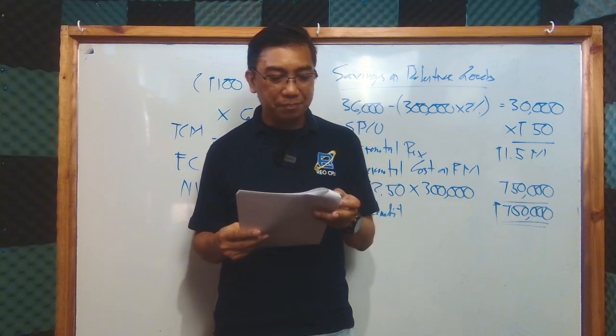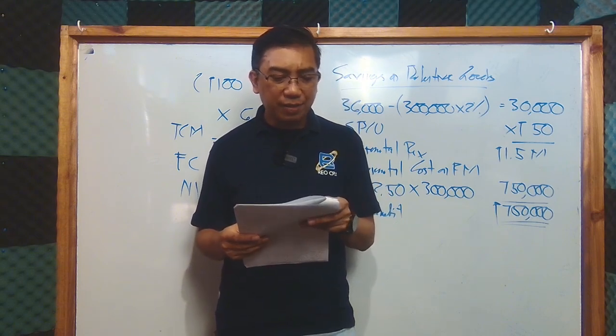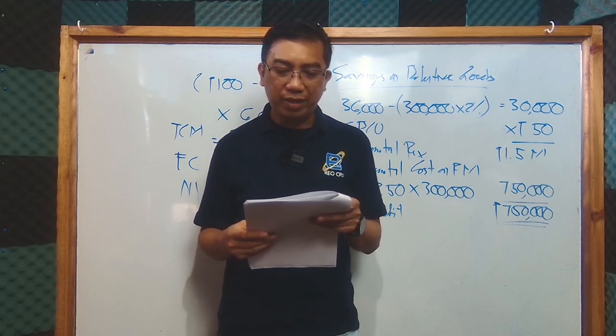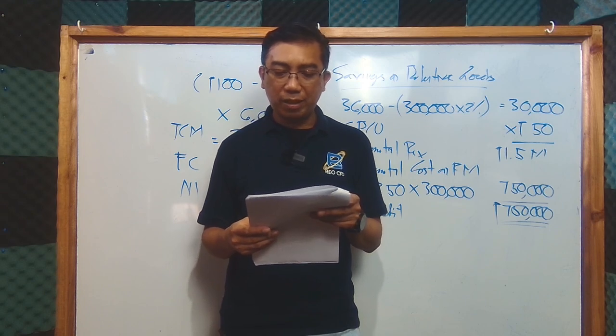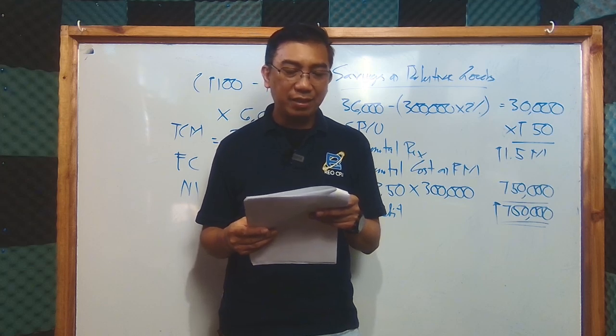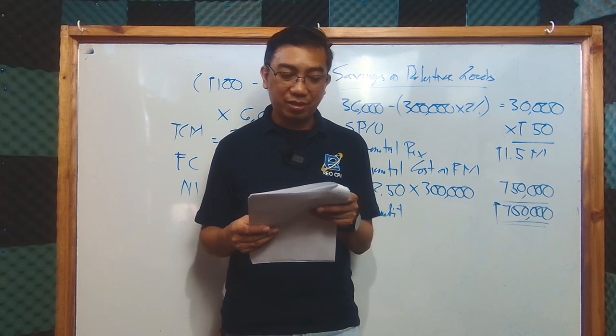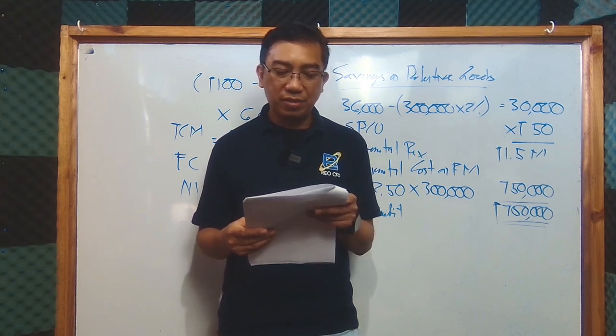Number 24. Jensen Company has relevant cost of 80 pesos per unit to manufacture Part A. A current supplier offers to make Part A for 70 pesos per unit. If capacity is constrained, class, alam natin, ano? Capacity is constrained daw. The opportunity cost of buying Part A from the supplier is equal to how much?